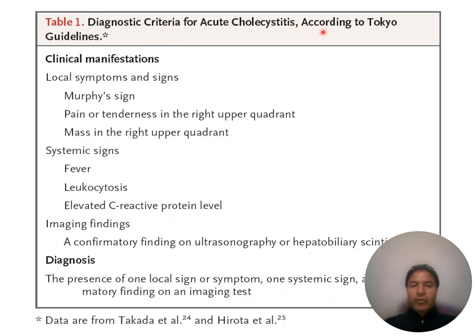Diagnostic criteria of acute cholecystitis according to Tokyo guidelines. Clinical manifestation: local symptoms and signs, Murphy sign, pain, tenderness, or mass in the right upper quadrant; systemic signs, fever, leukocytosis, elevated C-reactive protein; imaging findings, a confirmatory finding on ultrasonography or hepatobiliary scintigraphy.